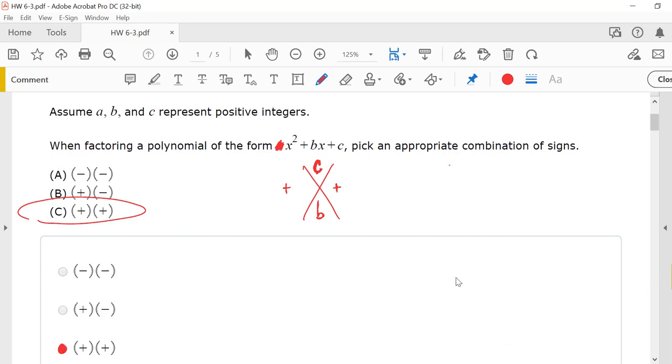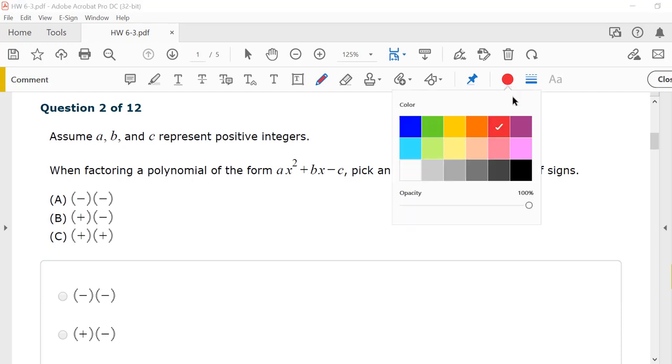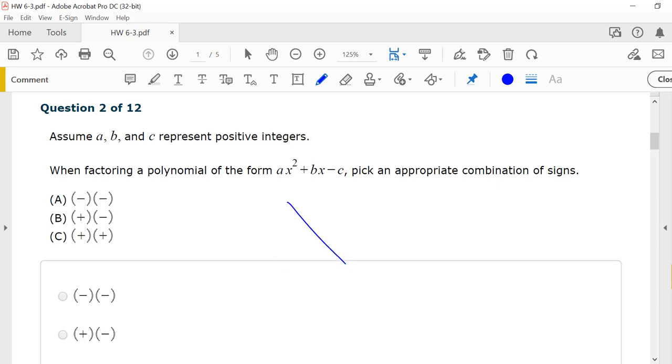Okay, let's go look at number 2. Again, a, b, and c are positive, but this time we want the product to be negative. It's a negative c. Again, we're just going to assume a is 1. And down here we had a positive number b.